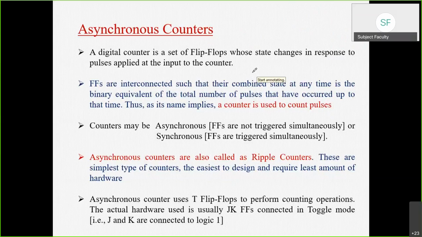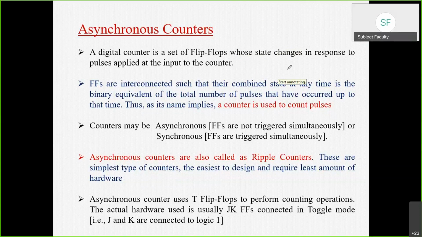What do you mean by counter? Okay, so I got quite a few replies.